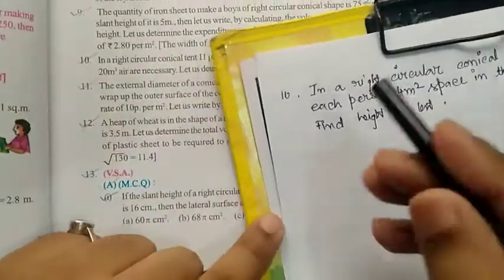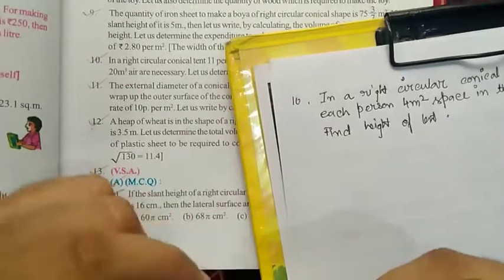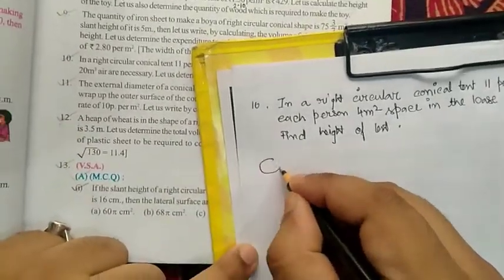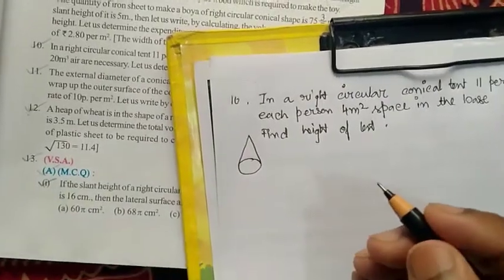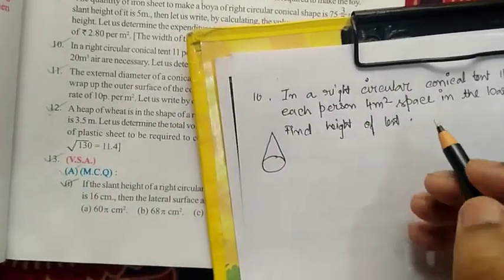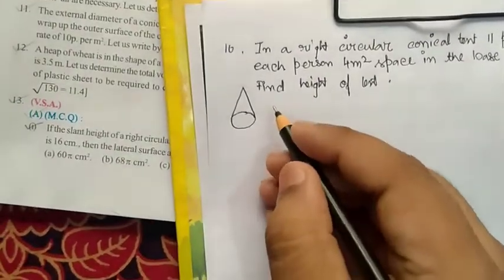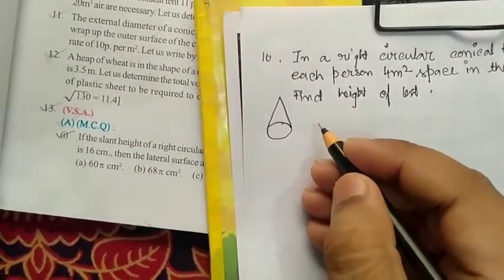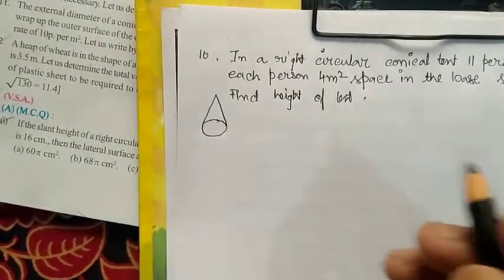So now, this is the base. If it's a tent in the shape of a right circular conical tent, the 11 persons are standing on the base, so they are standing on a circle.